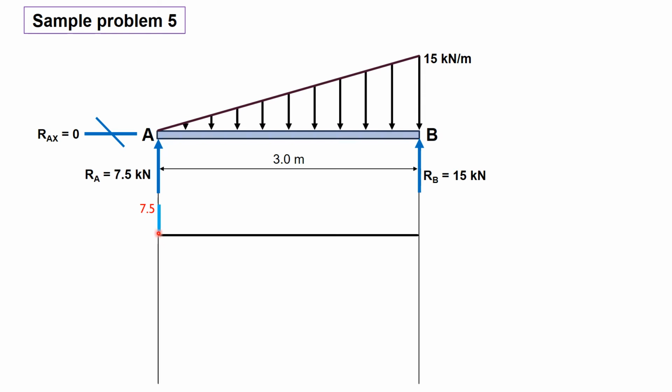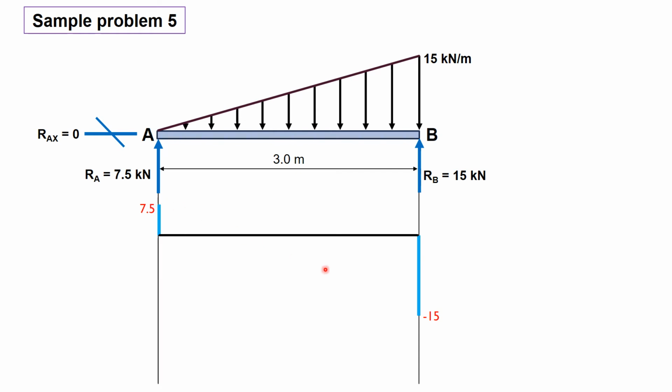So we draw a vertical line equivalent to 7.5, representing the 7.5. And when x is 3, nandun na tayo sa point B at ang na-solve natin dyan ay negative 15. So we draw a line from here, pababa, negative 15. So we need to connect these two.